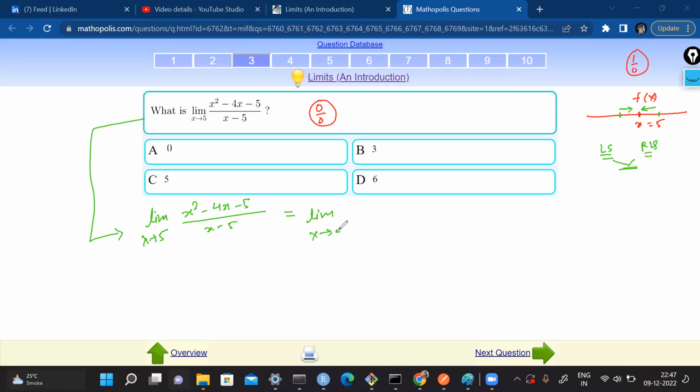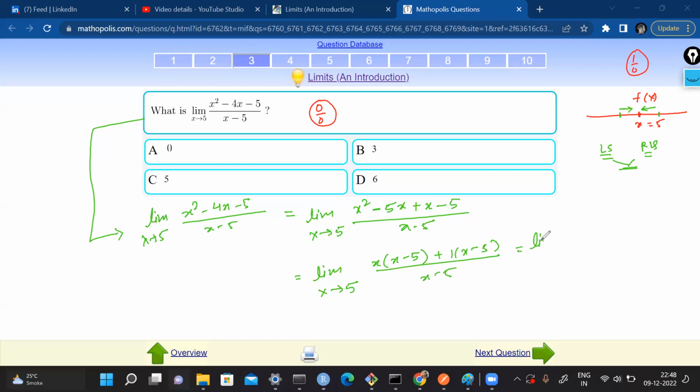So I can write x square minus 5x plus 1x minus 5, divided by x minus 5, with x approaching 5. Now we can take common factors here. This x will be common, so this will be x minus 5. And here also we can take 1 as common. So this will be x minus 5, x minus 5.